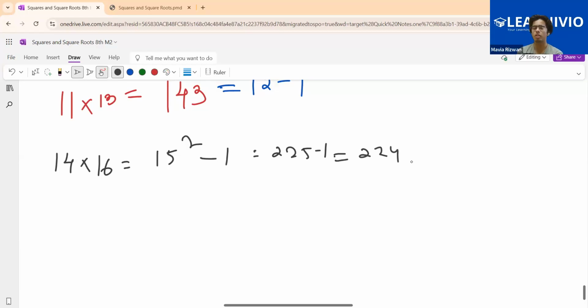How do we find it out? What does this property say? Abubakar, is this clear? Yes, sir.